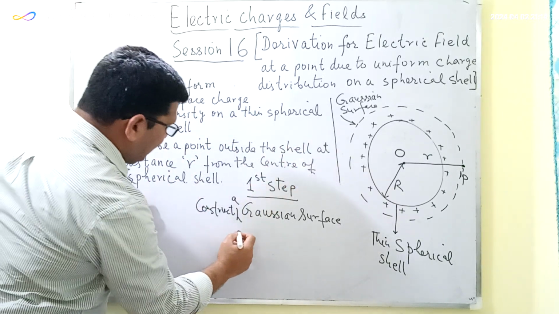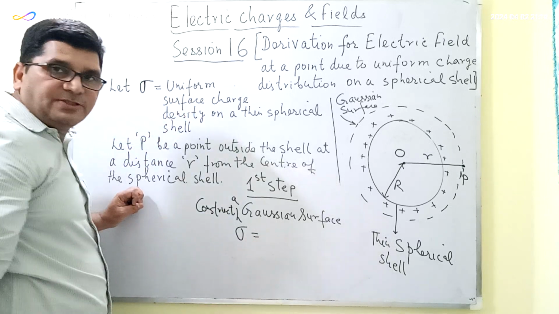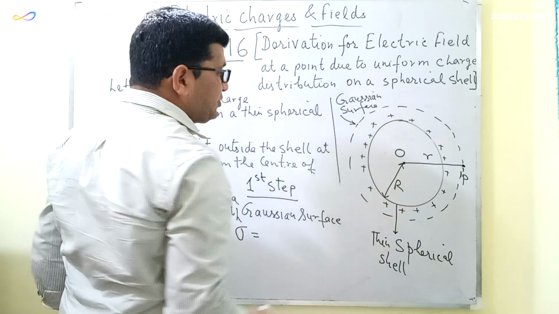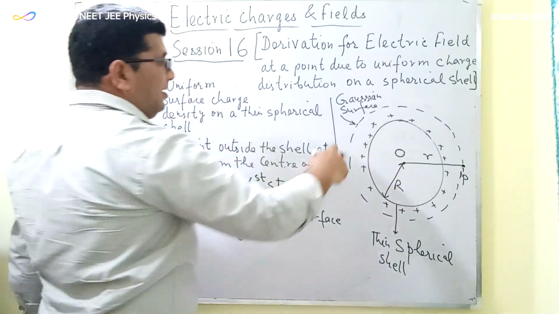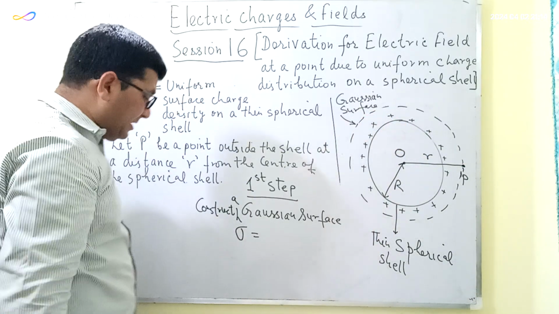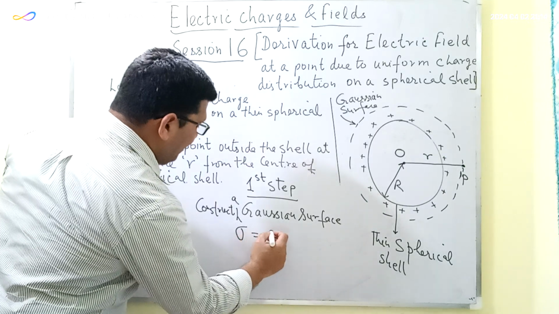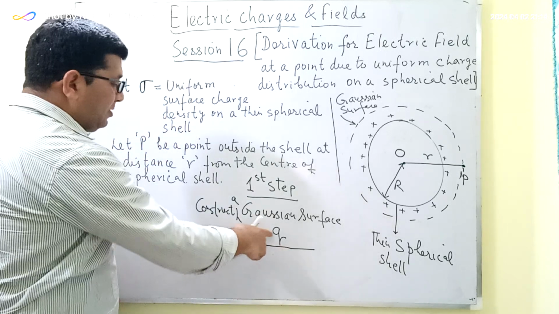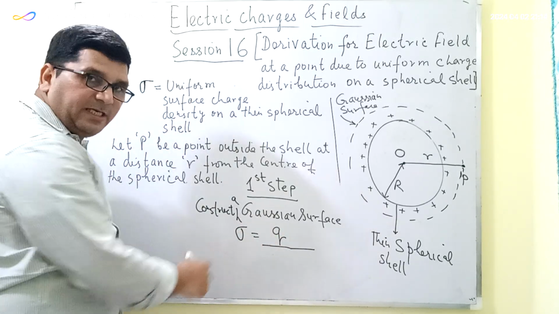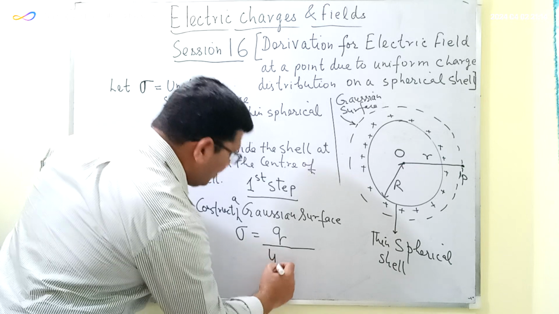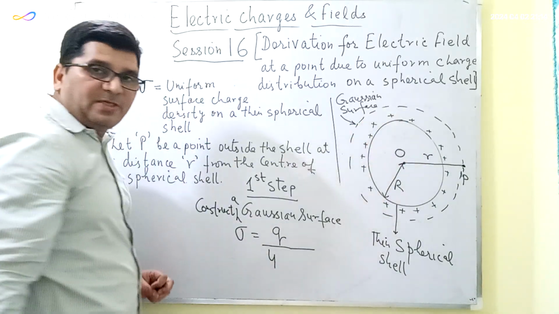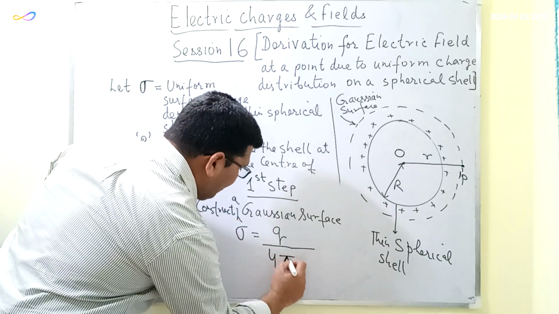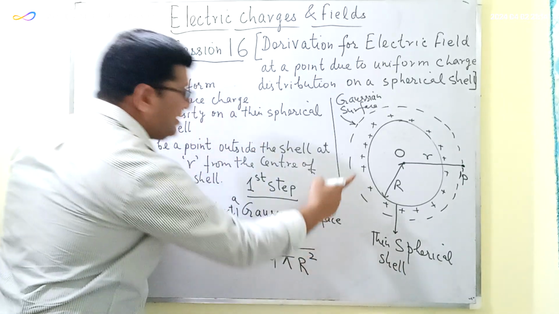Here I have taken sigma as the surface charge density of this uniformly distributed positive charge on the outer side of this thin spherical shell. So sigma is equal to the charge per unit area, which is Q divided by the surface area of this thin spherical shell, equal to 4 pi R square, where capital R is the radius.